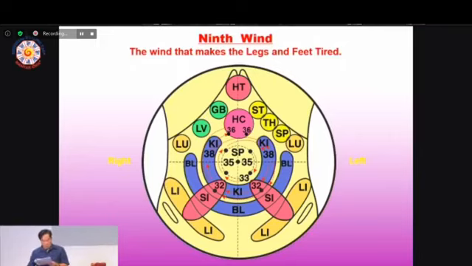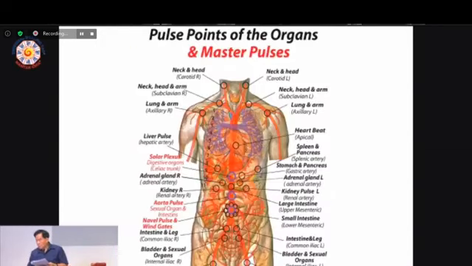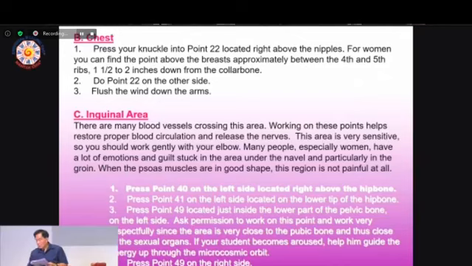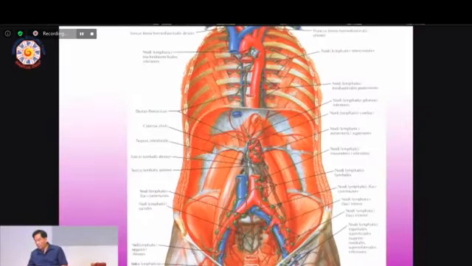Also involved is the inguinal part. So for the inguinal part we have the 9. The inguinal part we have the 40, 41, 48, 49.